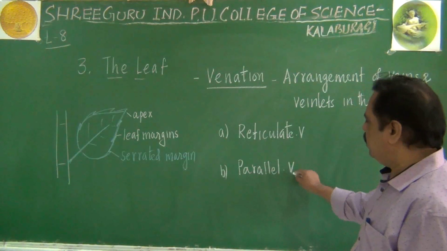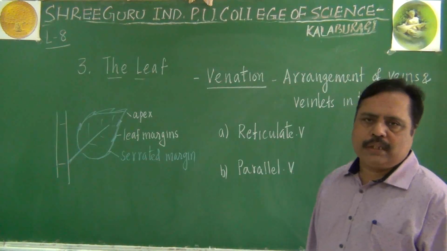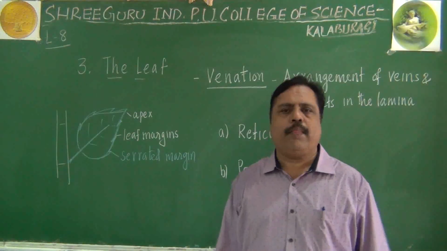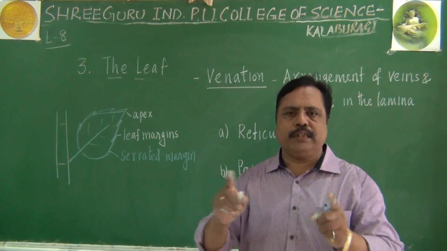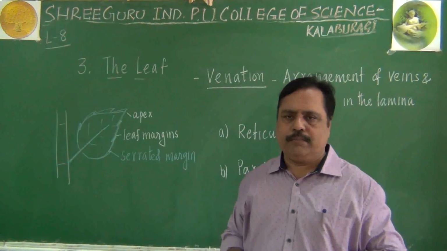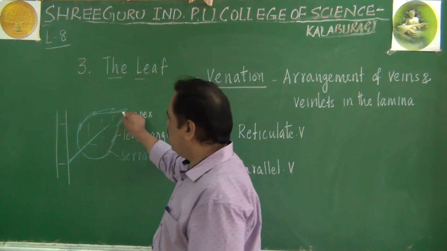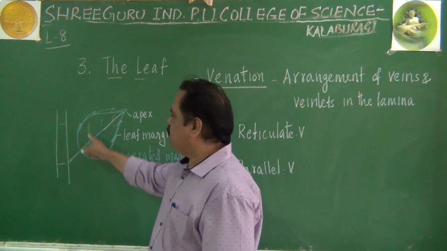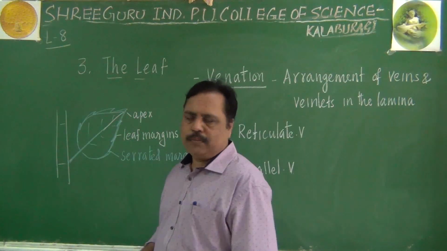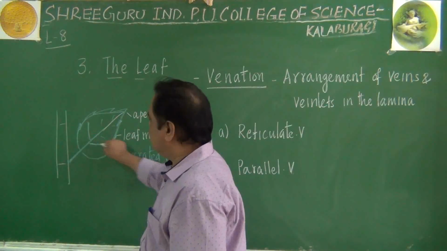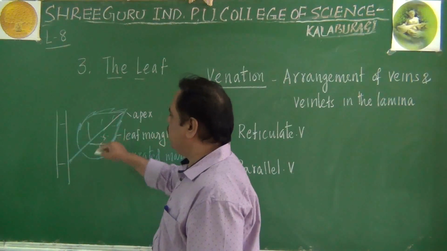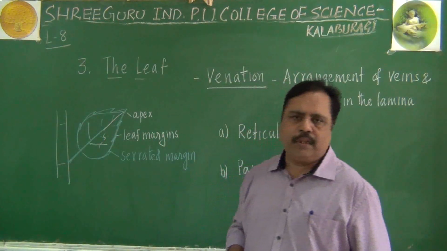So there are two major types of venation. What is venation? Arrangement of veins and veinlets in the lamina. Veins are nothing but the extensions produced by the midrib. Veins will produce branches like this, that is called veinlets.